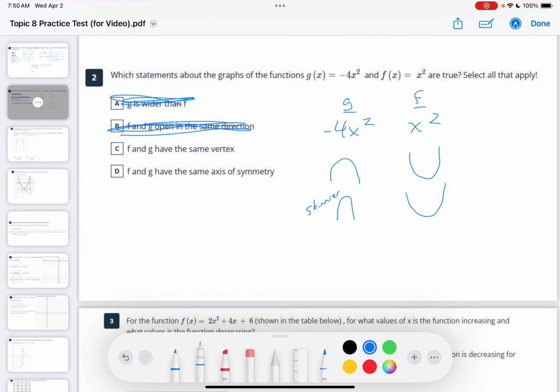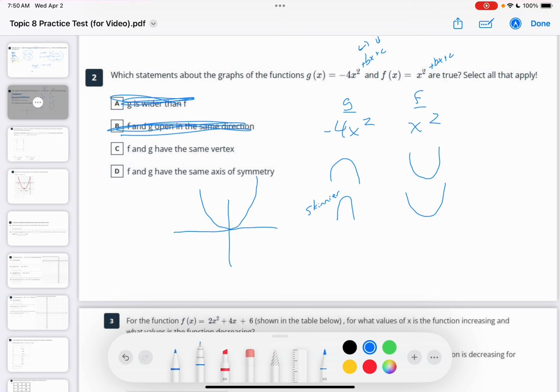they open in different directions, but there's none of this bx plus c stuff behind either of these. Because there's no bx or c, there's no left and right, and there's no up and down either. So we would see graphs that look like this. Here would be x squared.